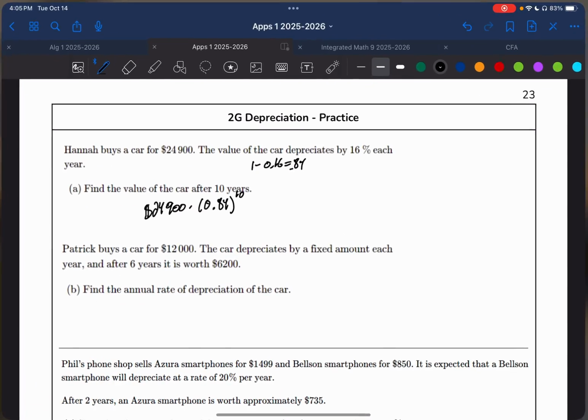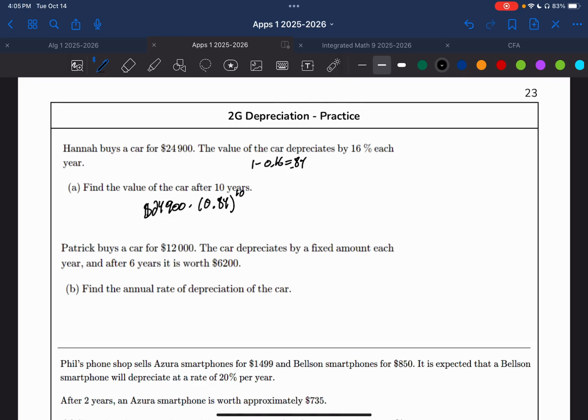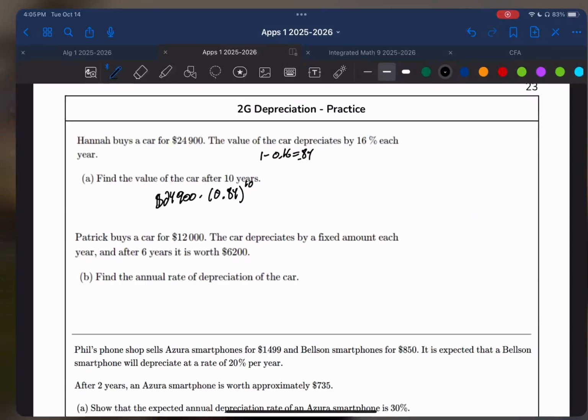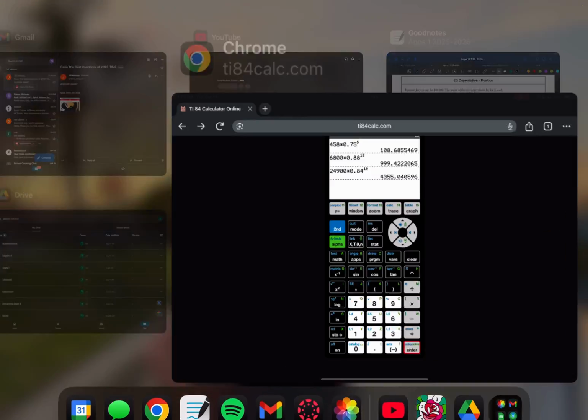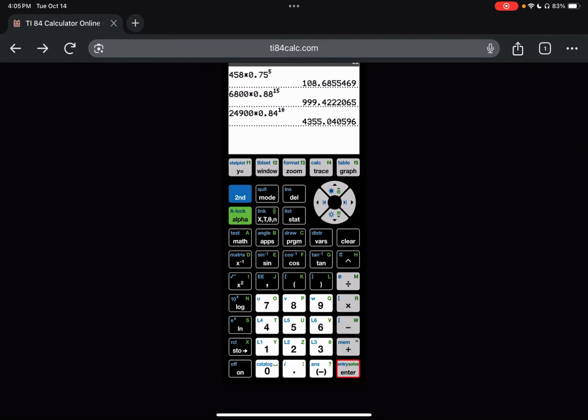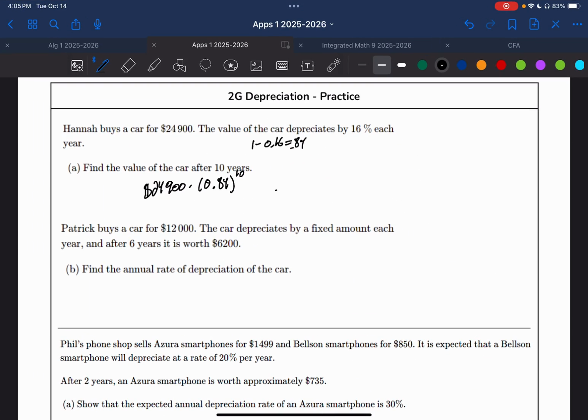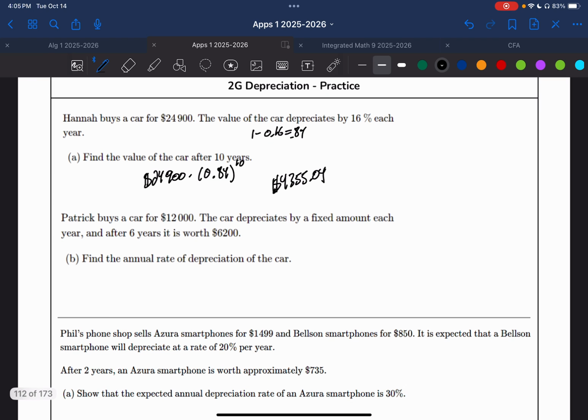Let's just double check that I typed all those in right. 24,900 times 0.84 to the 10th, and I get 4355.04. That's the value of the car after 10 years.